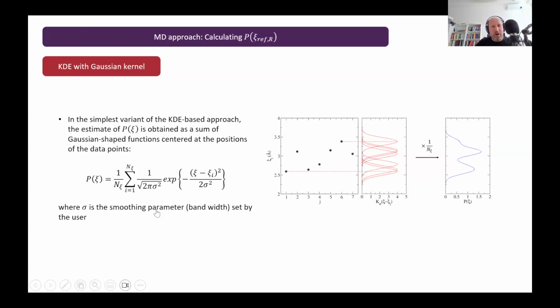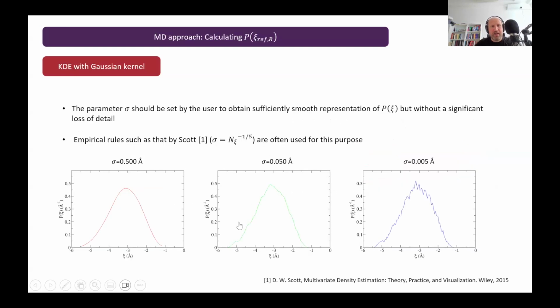There is also one parameter in this method. This is sigma. By that you control the width of the Gaussians, and it's called the smoothing parameter or bandwidth. It needs to be defined by the user, and you should set it again as a compromise between 2 things. Too large a value leads to oversmoothing, you lose details, and too small a value again leads to large uncertainty in results, so it would be difficult to read the value.